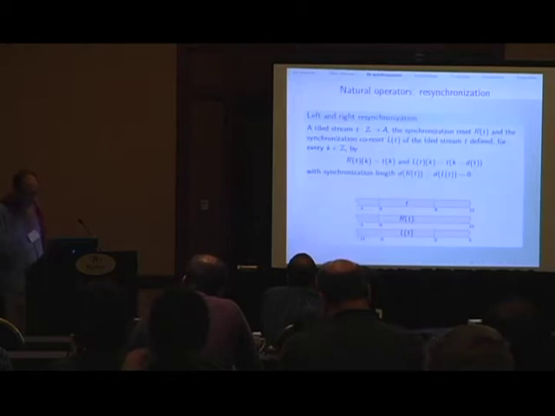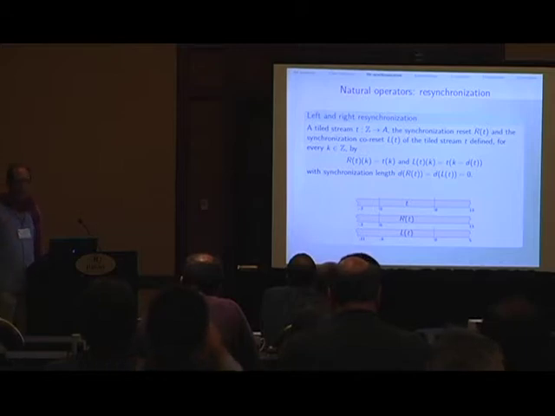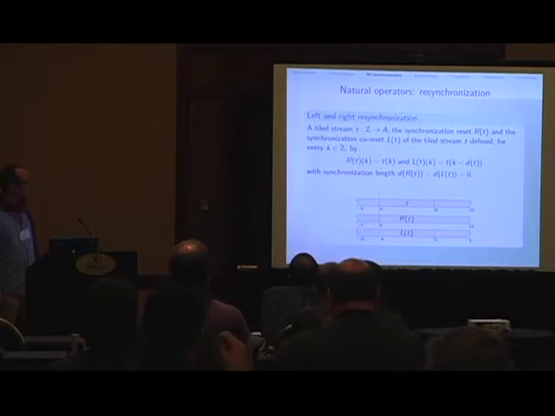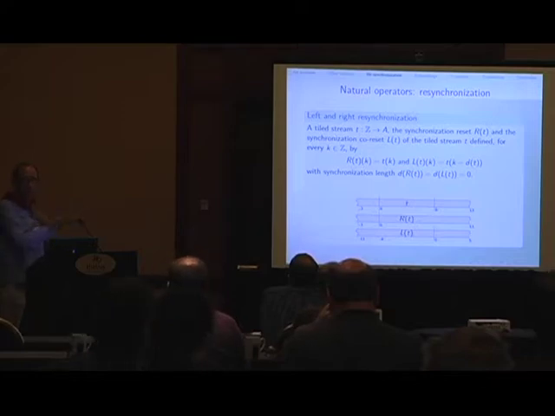So this leads to realizing that there are two important meta operators that can be applied on tiled signals: the reset and the co-reset. The reset R of t amounts to putting the end of the synchronization window straight at the beginning, so to move the end to the beginning, and the co-reset L of t amounts to moving the beginning to the end of the synchronization window.